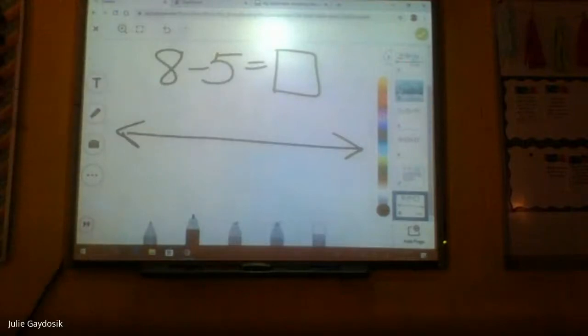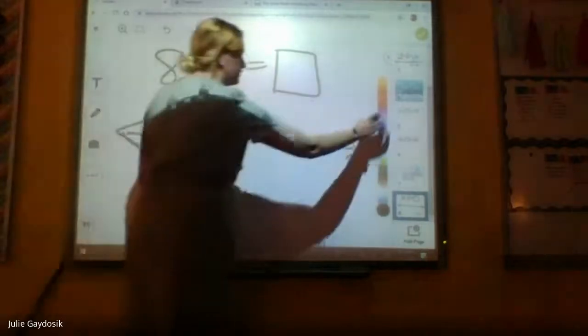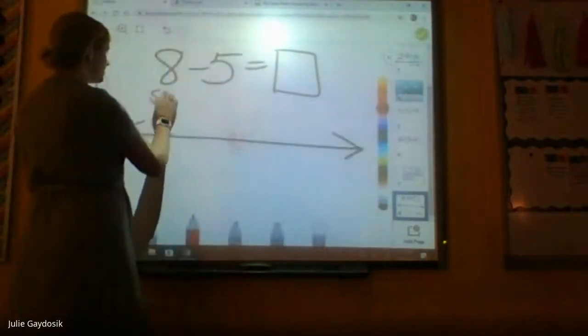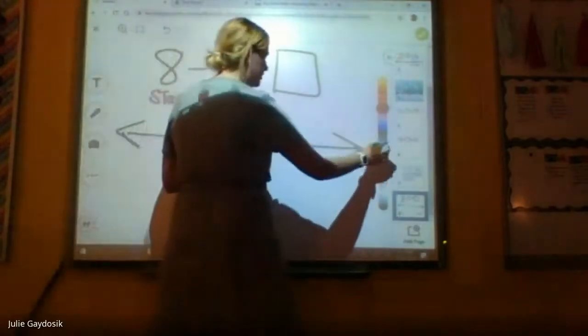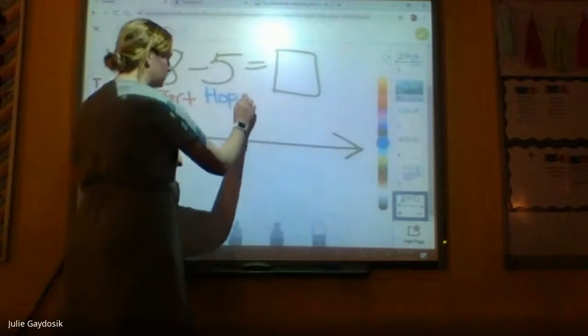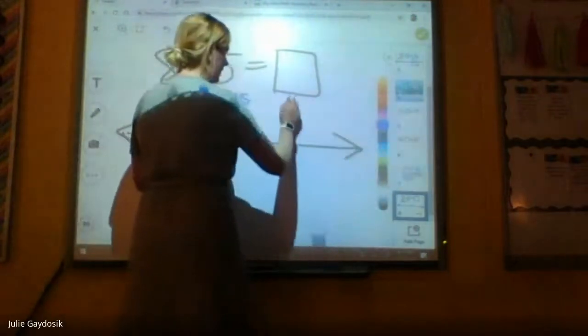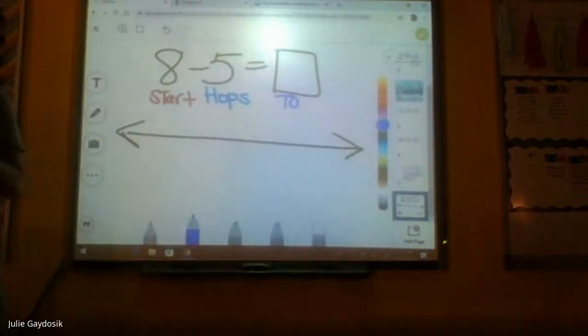Remember with subtraction, this is where you start. Addition too. These are the hops you do. And this is where you want to end up. This is where you want to hop to.